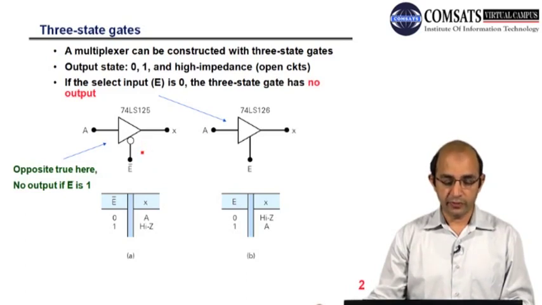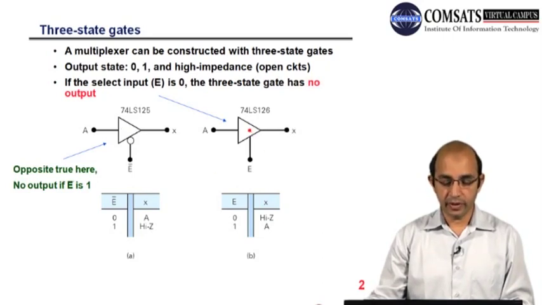So we will have E bar 1, then we will be having a 0 here because this is the complement, and this inverter will act as a high impedance, or you can say an open circuit.